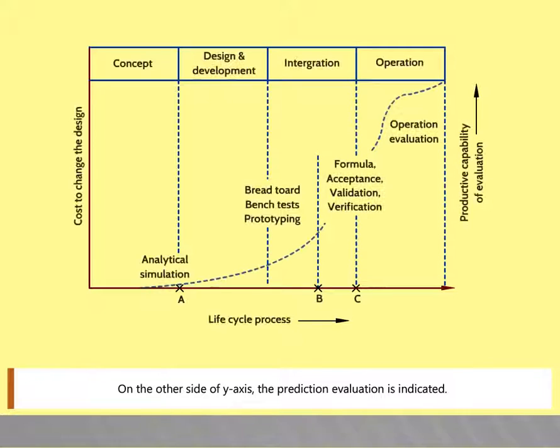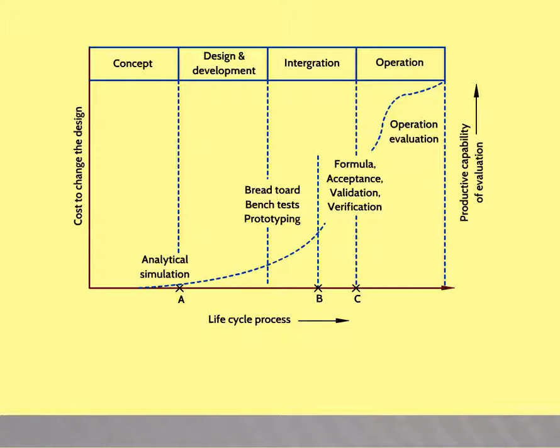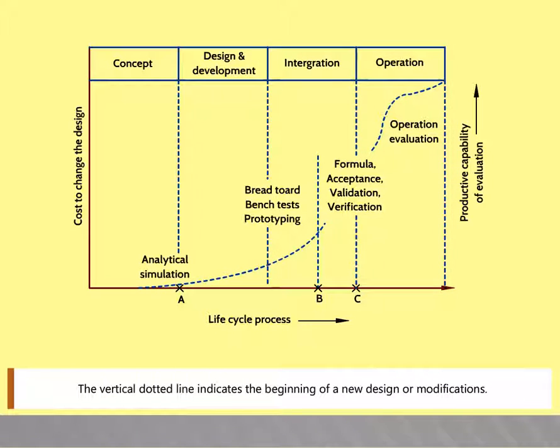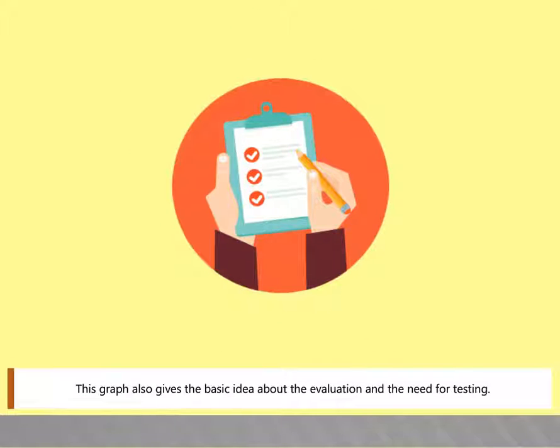On the other side of the y-axis, the prediction evaluation is indicated. The vertical dotted line indicates the beginning of a new design or modifications. This graph also gives the basic idea about the evaluation and the need for testing.